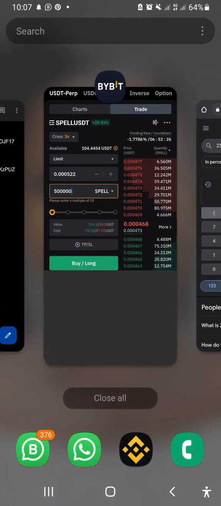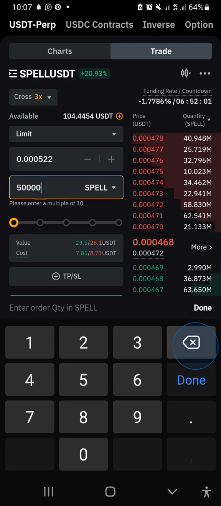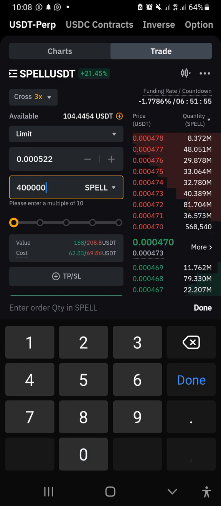So let's go back. I need to minimize this. I need to reduce it because it's more than what I need. This also is more than what I need. So let me use 300,000. Still more than what I need. That's how you continue to work on it until $31.